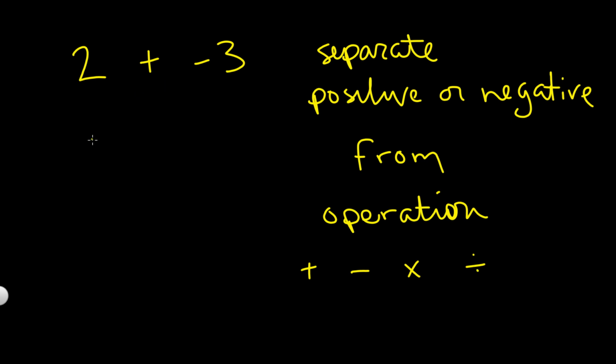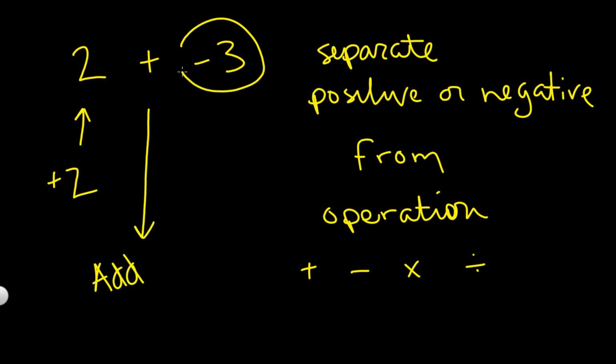So in this example, you can see that this is a positive 2. If there's no sign in front of it, we assume that it's positive. This means that we are going to add. That's our operation. And the number following it, including any sign, is what we're going to add.